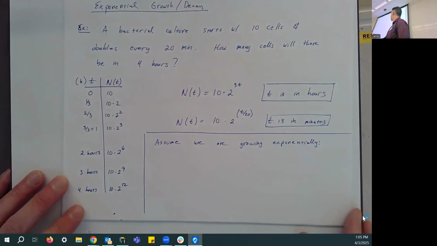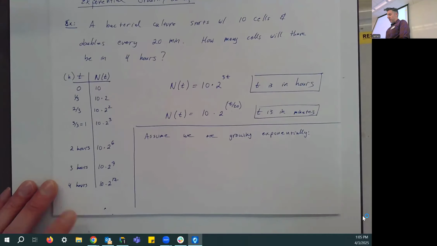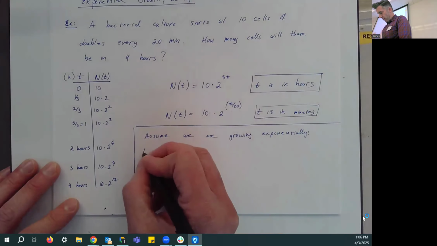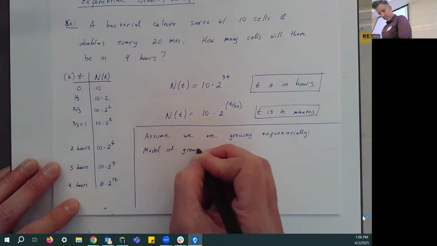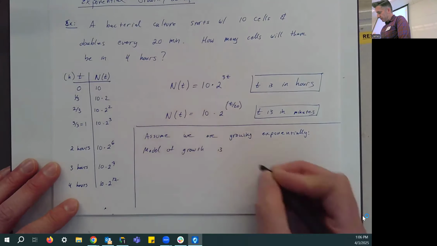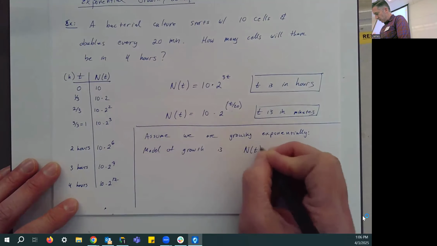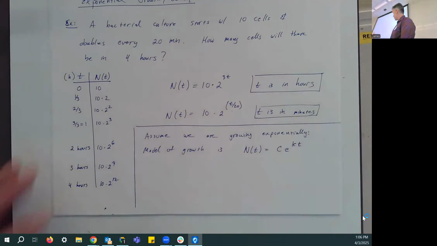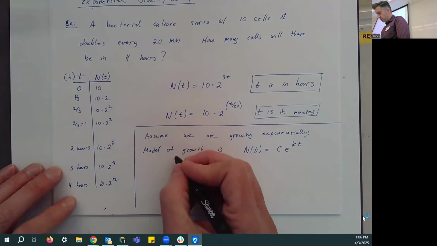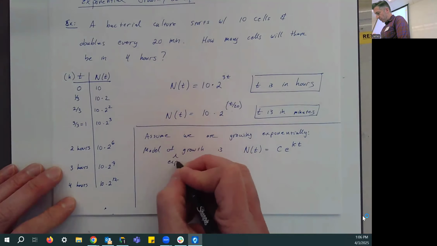The way I've typically learned how to do it and done it is by saying our model of exponential growth is n of t equal to c e to the k times t.